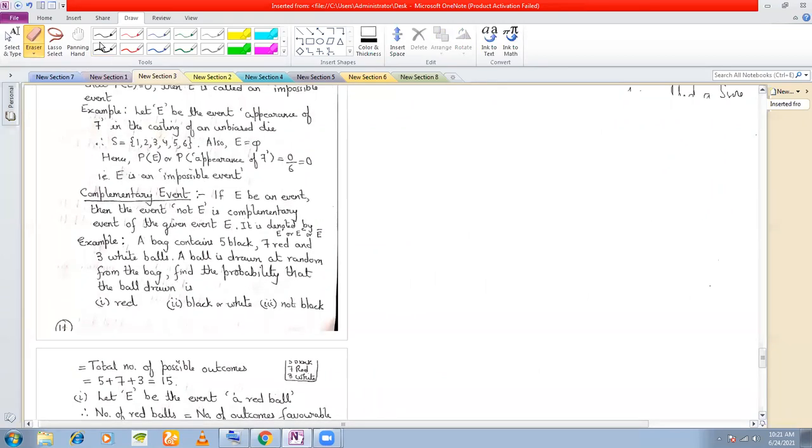Before going to the example, remember that the probability of not A, the complementary event of A, is equal to 1 minus the probability of the event A. We also write this as P(A bar) is equal to 1 minus P(A).